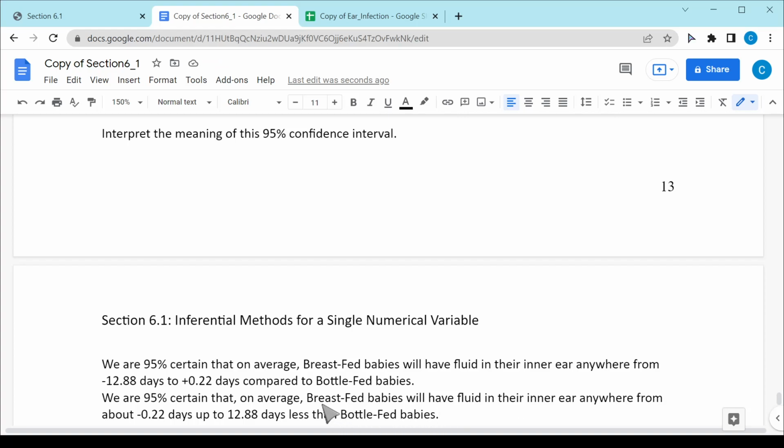So that most of the time the breastfed babies are going to do better, right? Because I want this to be small.